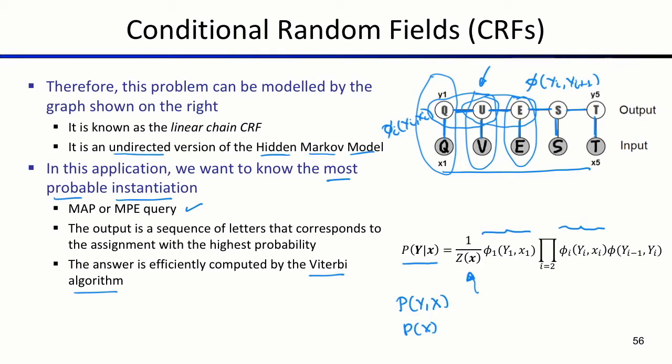We can see that linear chain CRFs are undirected versions of hidden Markov models, so we can use the same algorithm, just adapting the idea of transition in time, which now is a similarity between consecutive words, and adapting the idea of observing an emission, which in this case will be an output provided by a classifier.